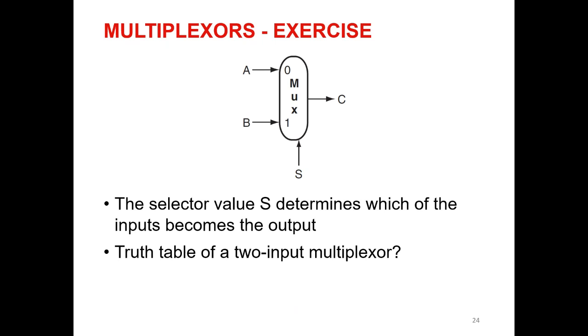Now we have an exercise similar to the one we have just done, but in this case we are going to do a truth table of a two-input multiplexor instead of the decoder. As I mentioned, I cannot put a table of this size in the forms.